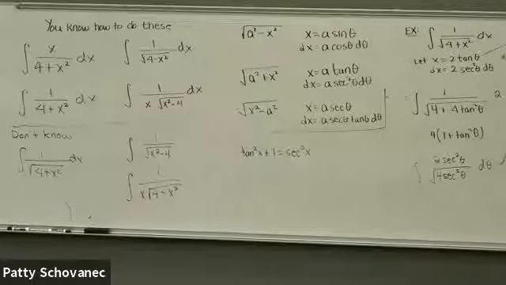We need to get our antiderivative back in terms of the original variable, so we go back to here. Solve that for the secant of theta. We get x over 3 is the secant of theta. That describes the hypotenuse divided by the adjacent.